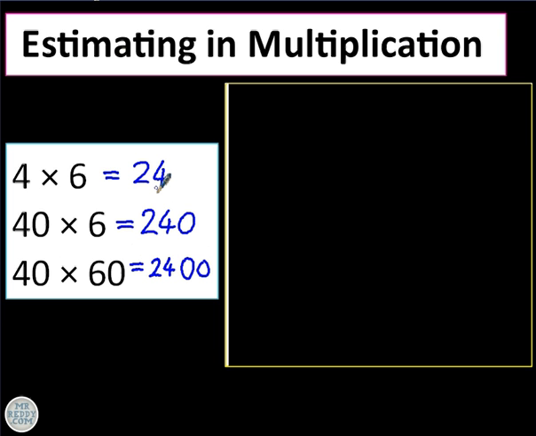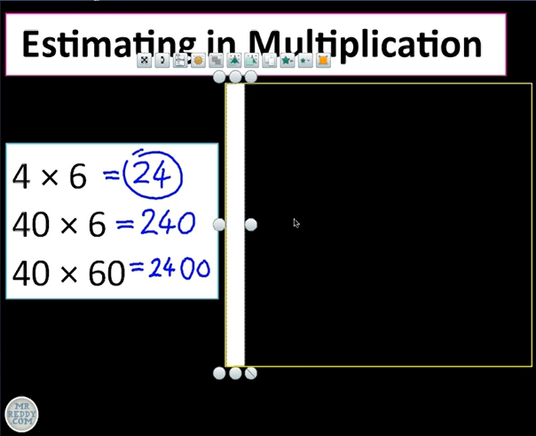So that was 24 times 10 once, times 10 again, gives you 2,400. Why did I times it by 10 and then 10 again? Because 40 is 4 times 10, 60 is 6 times 10. So it's like doing this fact but having to times it by 10 twice.